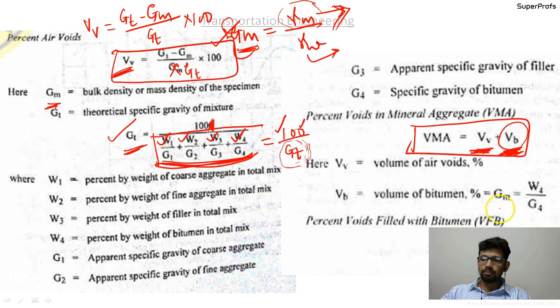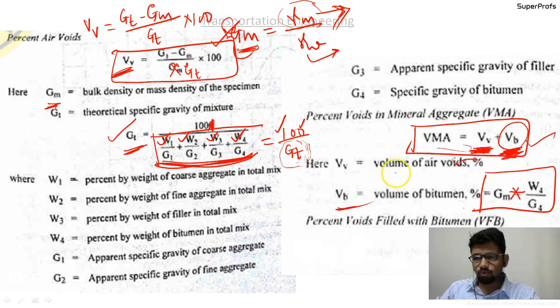The volume of bitumen in percentage can be found using this formula: GM into W4 upon G4. Once we know this VB value, we can substitute it in this formula and we will get VMA, the percentage voids in mineral aggregate.